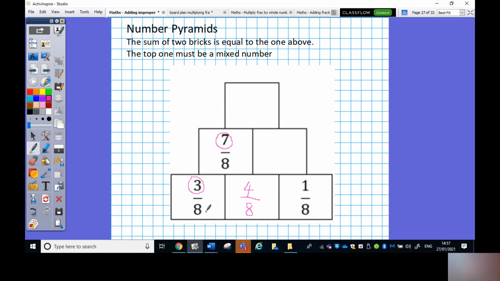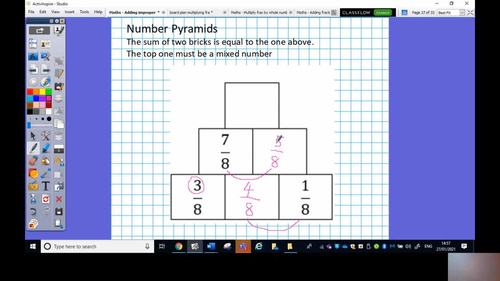Let me just double check that. 3 plus 4 equals 7. Great. Okay, now I'm going to add these two numbers. 4/8 plus 1/8 equals 5/8.